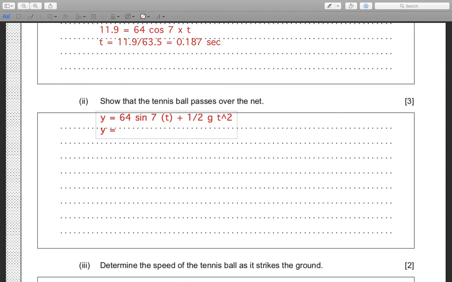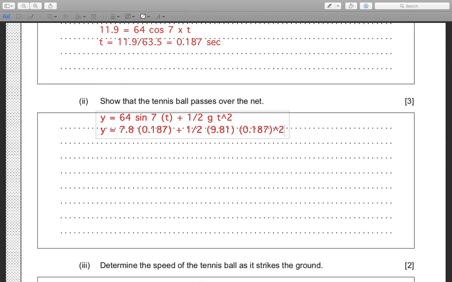This is 7.8, and t is 0.187, plus a half of g. Let's say g is 9.81, times t, which is 0.187 squared.